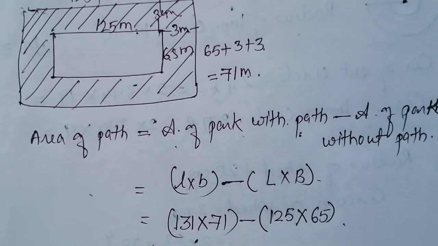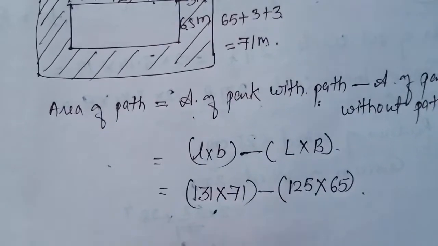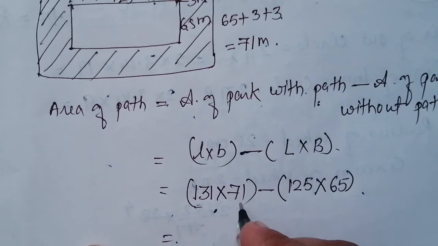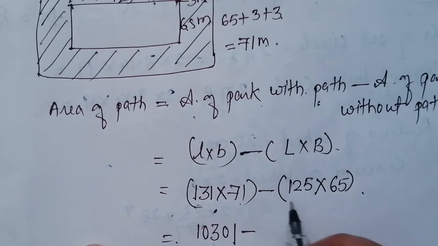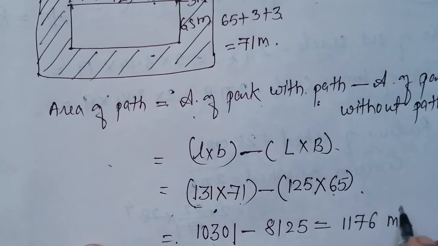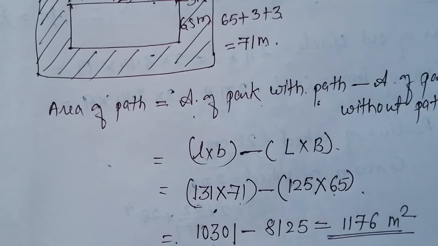After solving this, you will get the answer. If you multiply this, you will get 10301 minus, if you multiply this, you will get 8125. The answer is 1176 meter square. Okay, this is the area of the path.